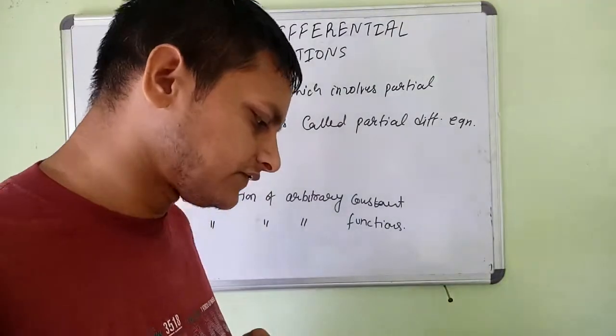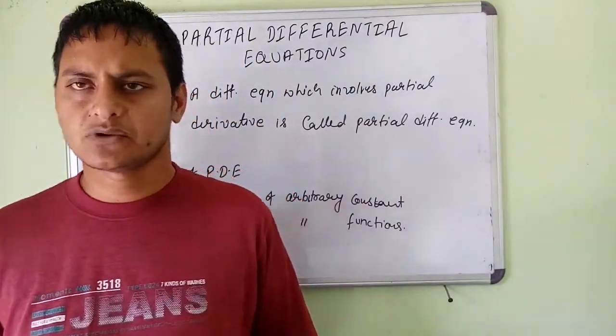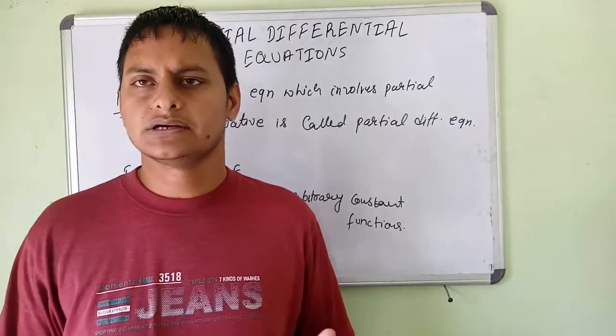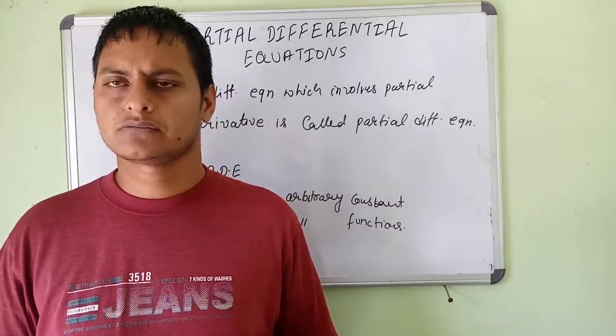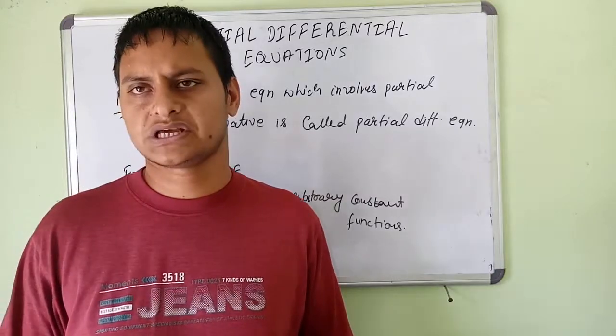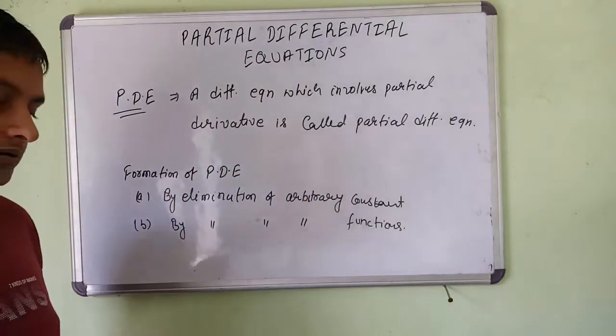So if the number of arbitrary constants is more than the independent variables, it is maybe second order or higher order.